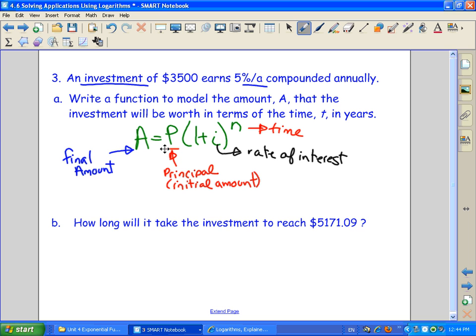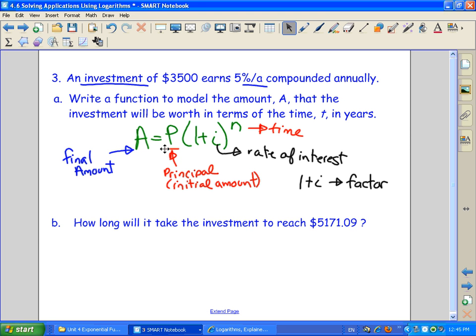And remember, 1 plus i is what we call the factor, because you're going to have to pay back the amount you borrowed plus any interest over this amount of time. Likewise, if you're investing money, you have that much of the investment in plus any interest earned on top of it.